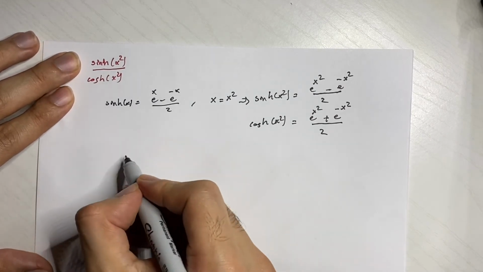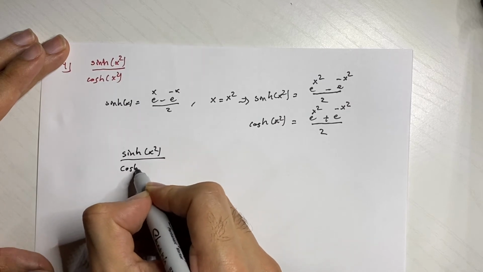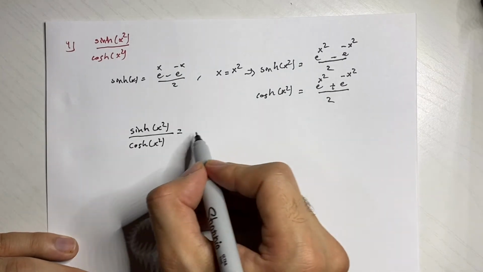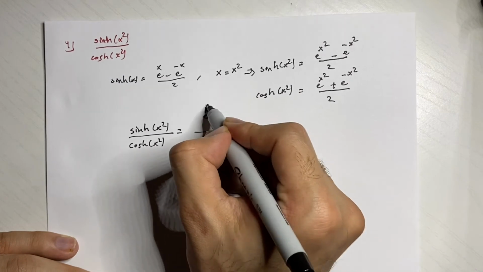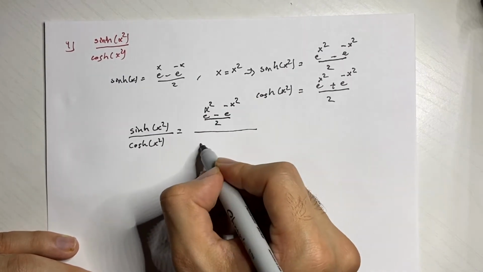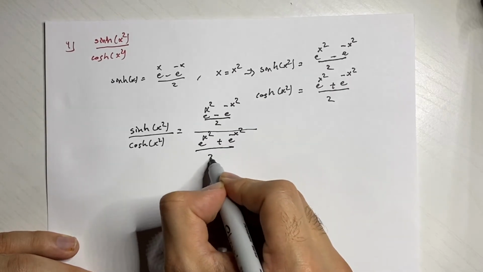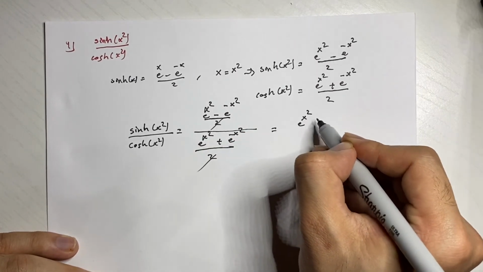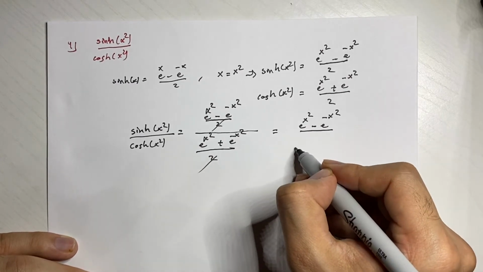Now I'm going to divide the terms, so I'm going to substitute what we just found. Now we can simplify, so the 2's will go, and we have e to the x squared minus e to the negative x squared, and the same thing for the top, but with a positive sign between the e's.